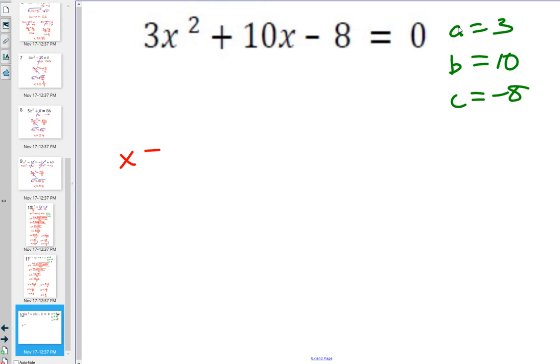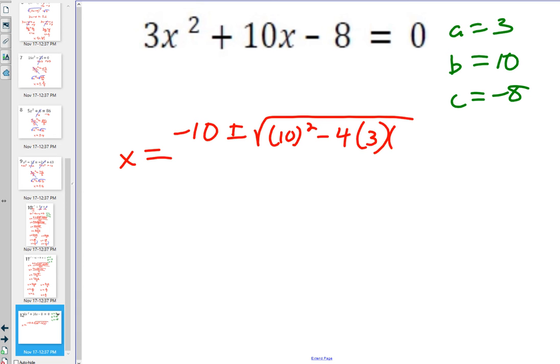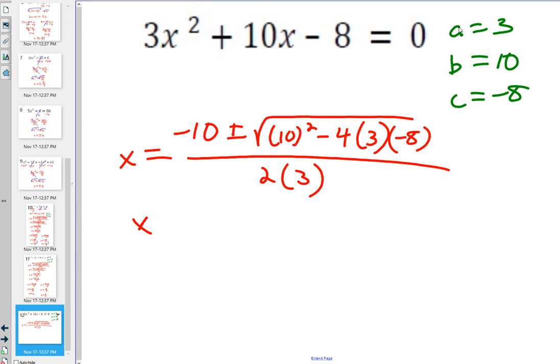So x is equal to. Remember to only put x if that's the variable. If these would have been y's, I'd be putting y's. So if b is 10, then negative b is negative 10 plus or minus the square root of 10 squared minus 4 times a, which is 3, over... Negative 10 plus or minus the square root of 100.